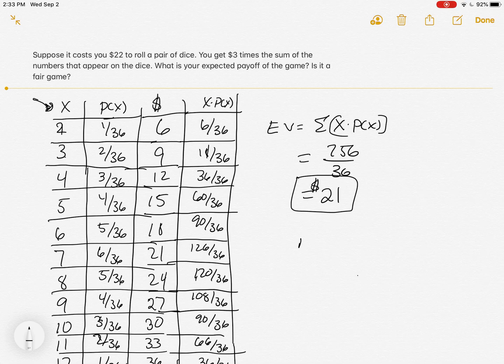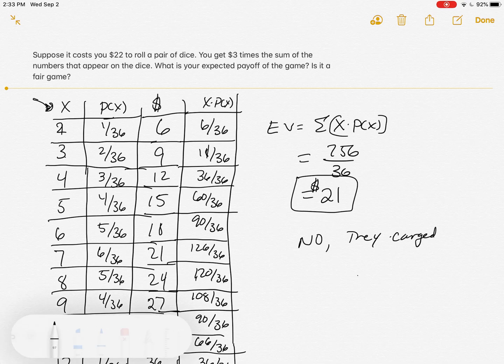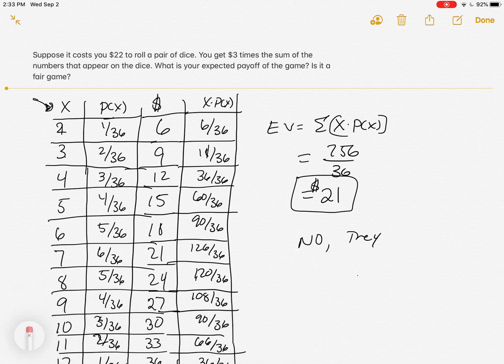Is it a fair game? The answer is going to be no, and the reason is they charged more. Oops, let me get the H in there. They charged more than the expected value to play. Now, no game that a casino or anybody else is going to do is going to be fair to you.